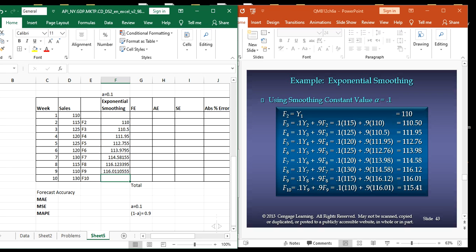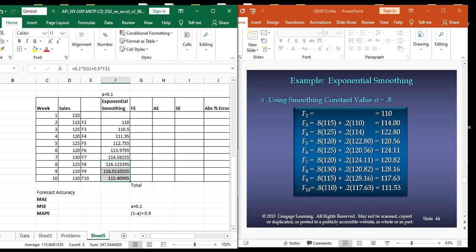I'll drag this down to get the rest of the numbers. If we assign alpha to be 0.8, we will get these numbers.